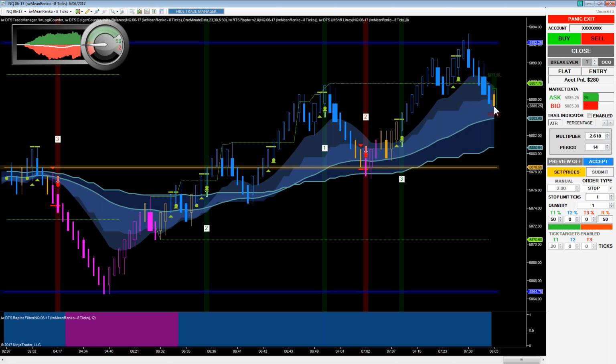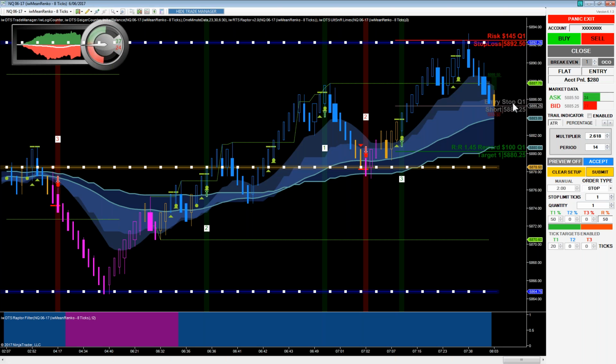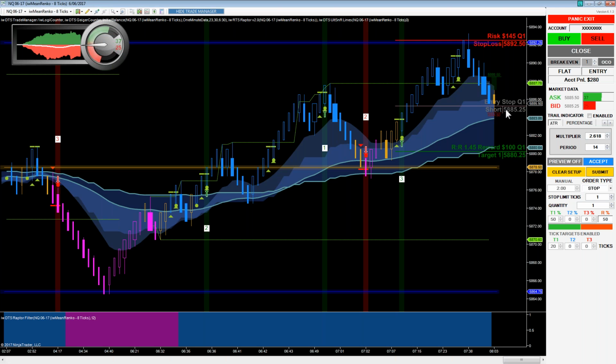Now, the close button always closes at market. So when you saw me hit the sell market button, right now the market is trading at 58.85 half.